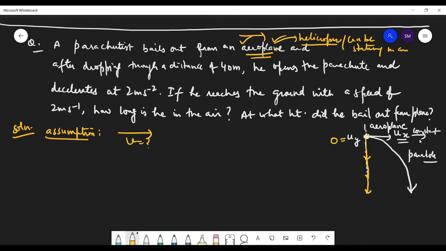There is no force in that direction, force equals ma, so a will also be 0 in the horizontal direction. So ax will be 0. The only force acting is gravitational force, in the y direction. So ay equals minus g, but as the motion is starting directly downward, we will take plus g here, because we are taking this direction as positive.